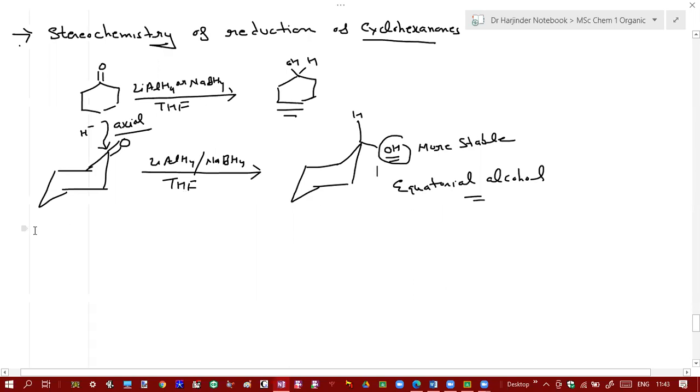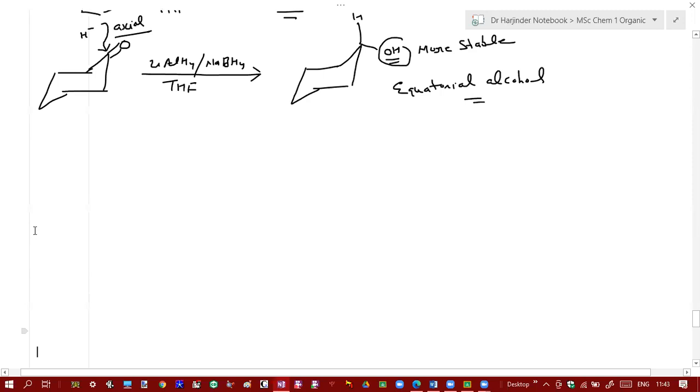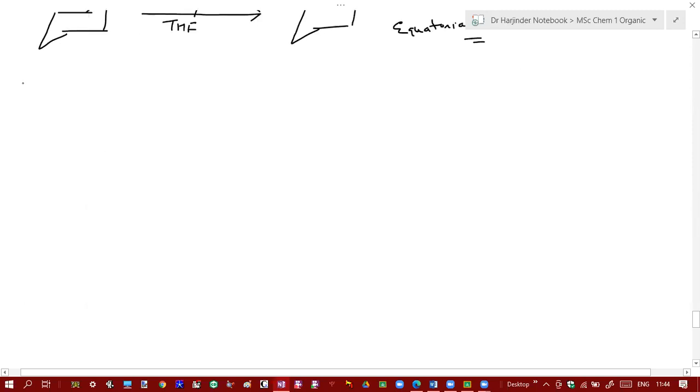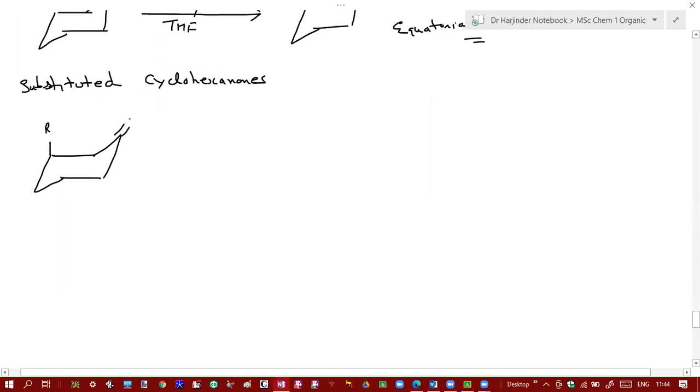However, in case of substituted cyclohexanone, suppose you have substitutions over there, say 3 or 4 substituted cyclohexanone. Suppose this carbon has a carbonyl group.